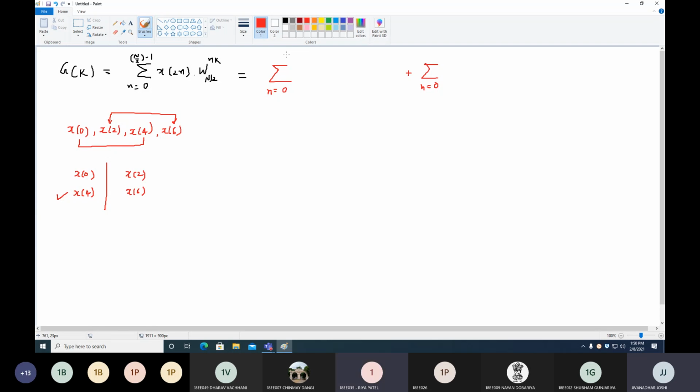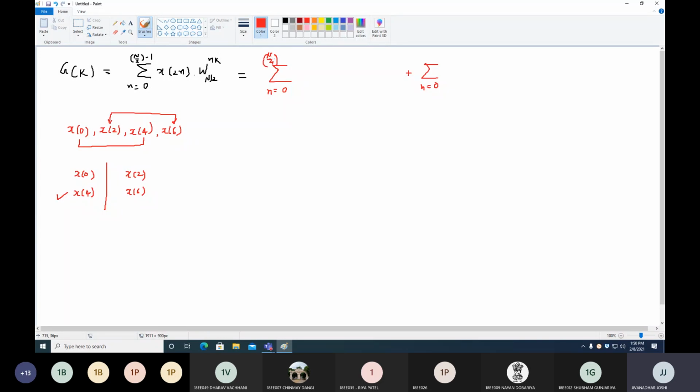N by 2 minus 1 whole by 2. N by 2 is how much? 4. 4 minus 1 is 3, 3 by 2 is how much? 1.5. Is it a valid number? No. Sir, n by 4 minus 1. Yes, you are correct, it should be n by 4 minus 1, right?